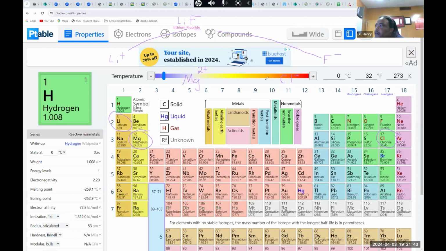So since we have 2 plus and then 1 negative, how many chlorines, or how many chlorides, would we need to balance out our magnesium ion? We'll need 2 of them. So when they all come together, it should be MgCl2.